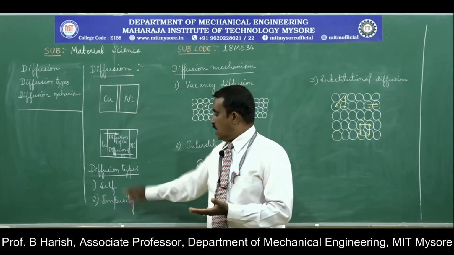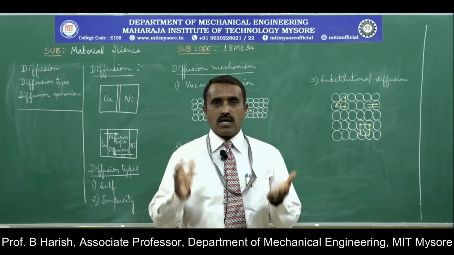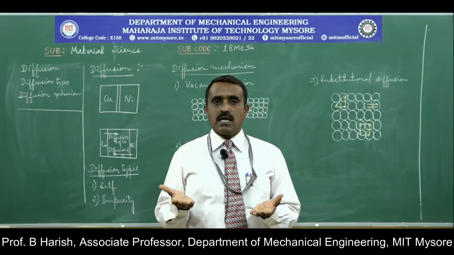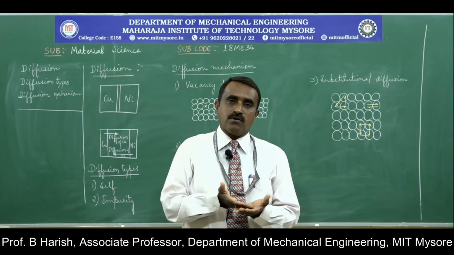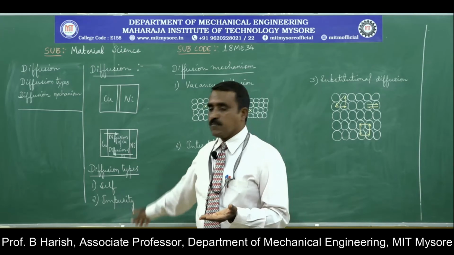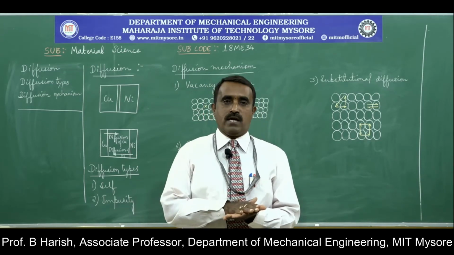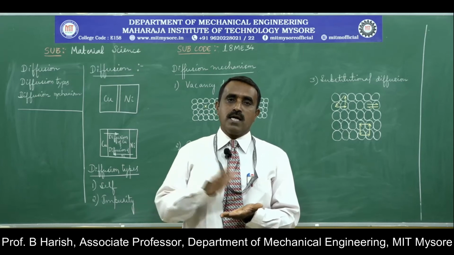The second one is impurity diffusion. As I just told you, when you want a copper nickel alloy, nickel atoms get diffused into copper. That is called impurity diffusion. For copper, nickel is an impurity atom.